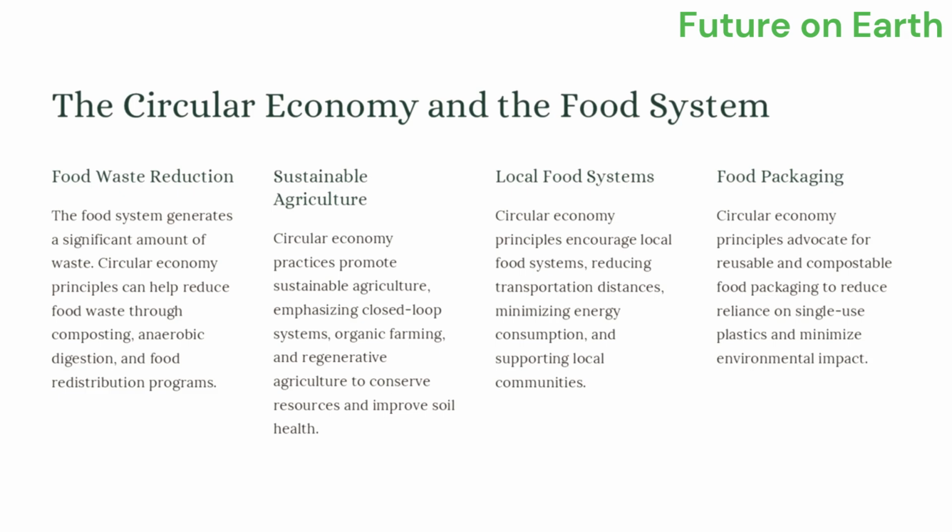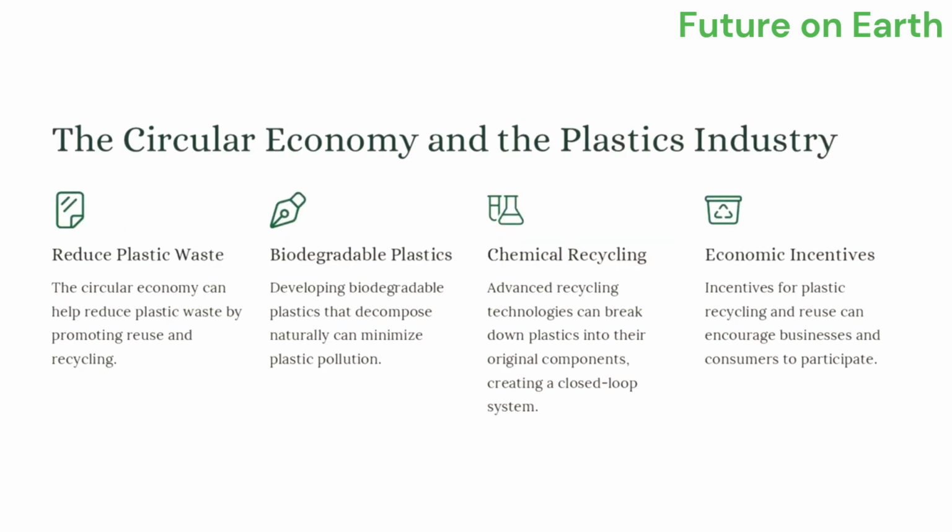Circular economy principles encourage local food systems, which can reduce transportation distances, minimize energy consumption, and support local communities. Additionally, circular economy principles advocate for reusable and compostable food packaging to reduce reliance on single-use plastics and minimize environmental impact.